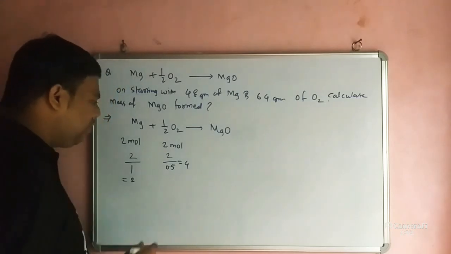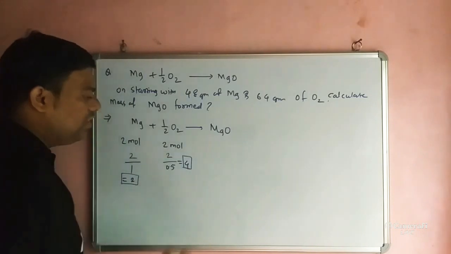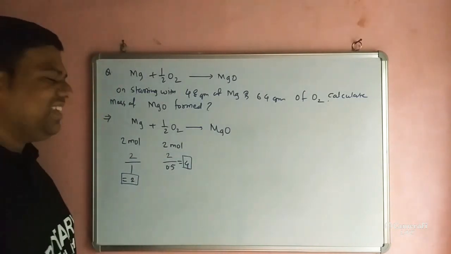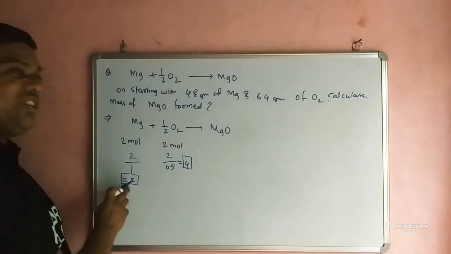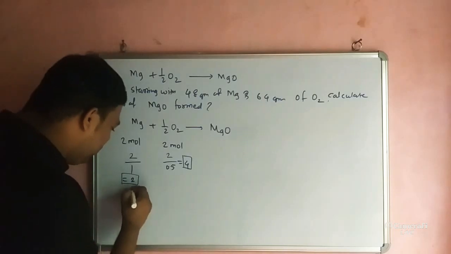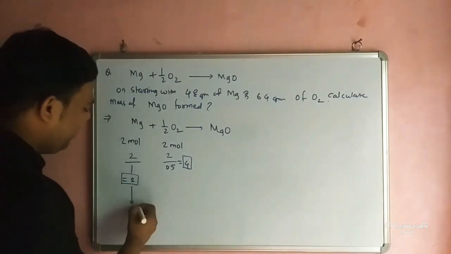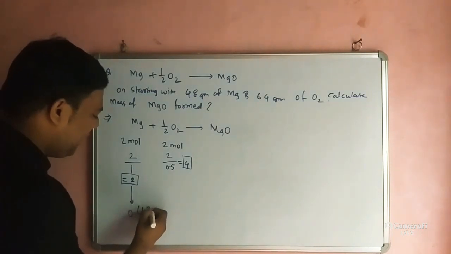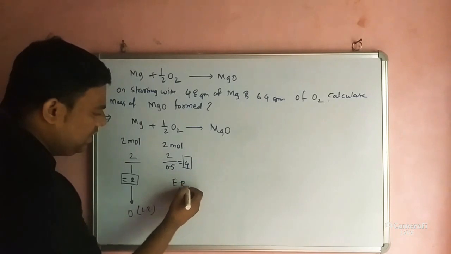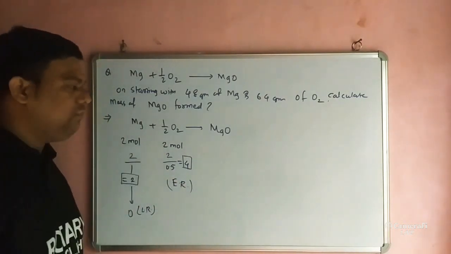Understood? So among these, here the value is 2 and here the value is 4. Now among these, which one is the limiting reagent and why? Yes, very good. The least value is the limiting reactant. So this was consumed earlier in the reaction, and we call it the limiting reactant. And whatever remains is the excess reactant. I hope you understood this carefully.